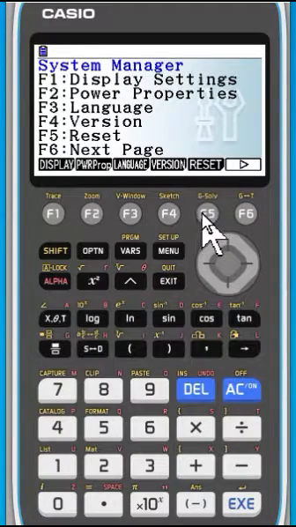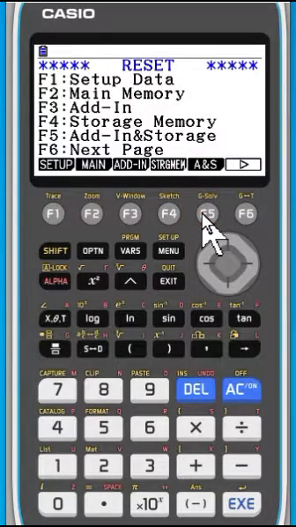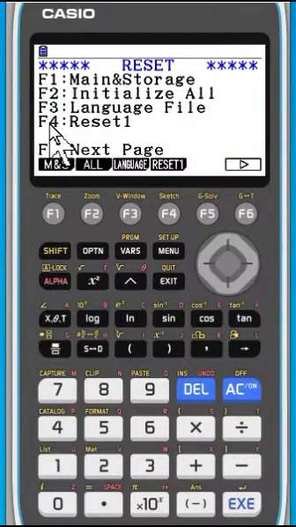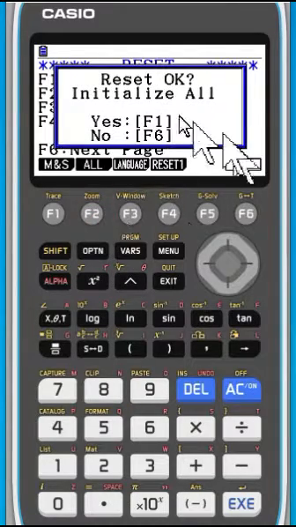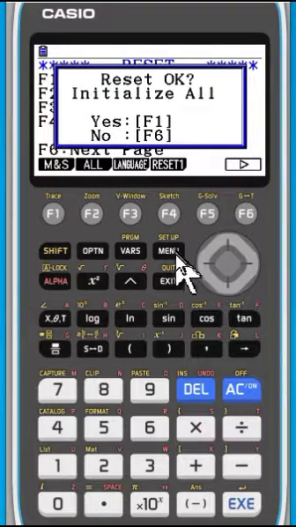Then F5 is reset. At any point of time you are facing any problem, your calculator is not behaving the way it should, you can always come to reset and reset your calculator. Maybe F4 is reset, F1 is main in storage, F2 is initialize all. So you can hit F2 and then you can hit F1 to confirm, and this reinitializes everything.